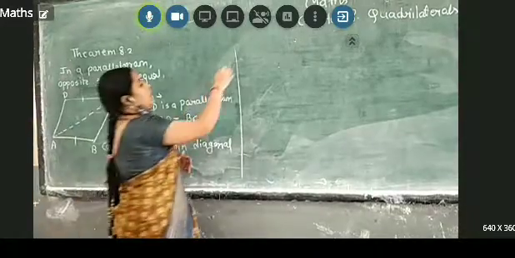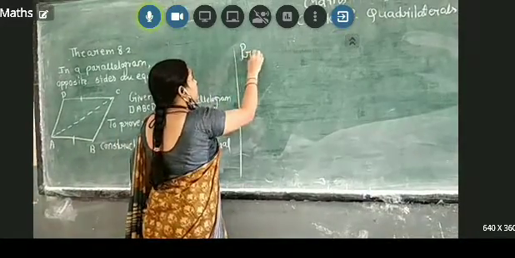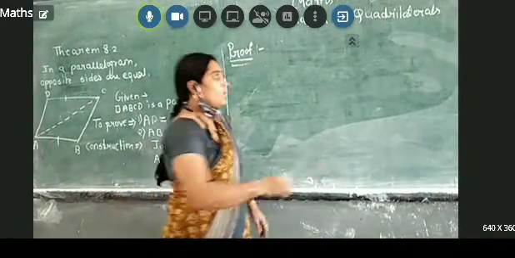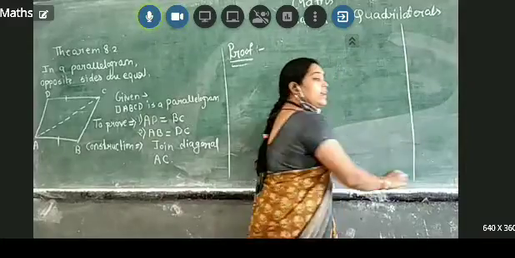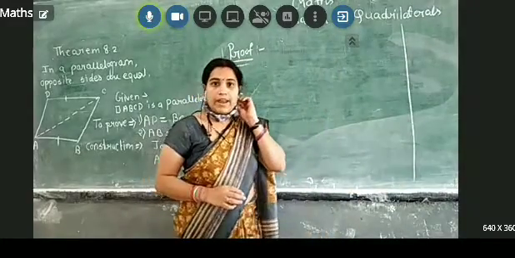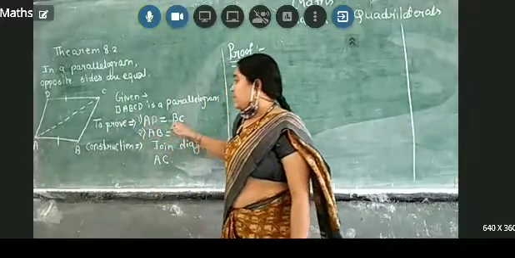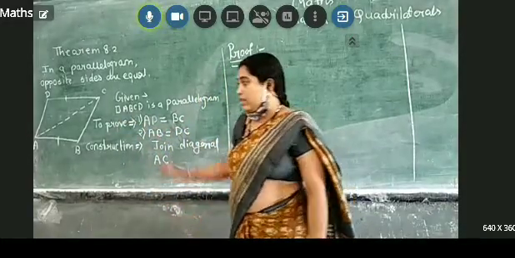How to prove? In theorem 8.1 we have gone through that the diagonal of a parallelogram divides it into two equal parts, right? So by using that theorem we are going to prove that opposite sides are also equal. Then how? See here.